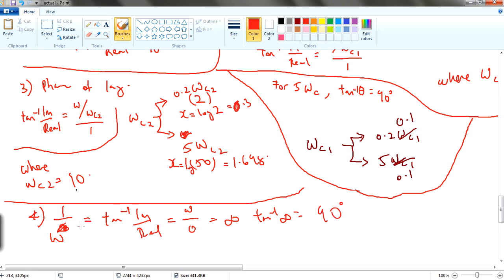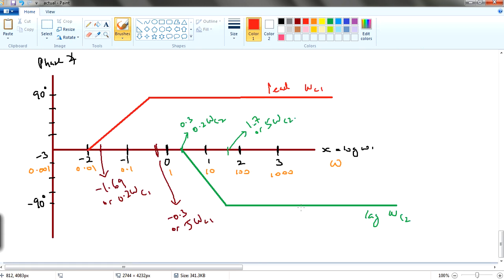However, because it is a denominator, it is a pole, you're going to have a minus. The integrator has a negative sign. So it's just one straight line down, which is why I have minus 90 degrees all the way down. It should be on the same line, but I just want to show it with a slightly green line overlapping it. So this is my integrator.